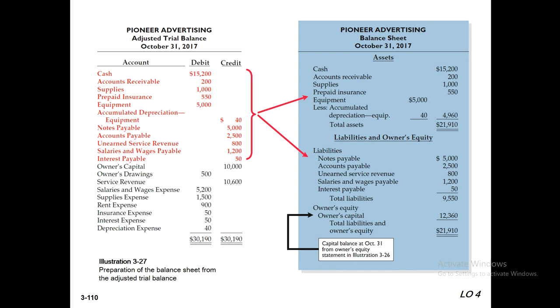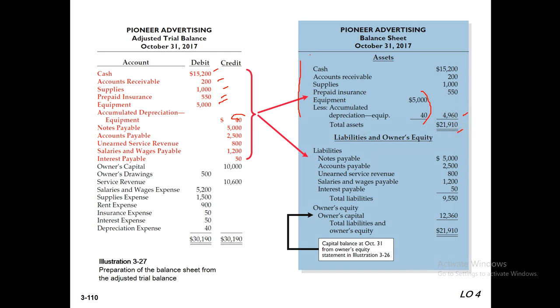Now from this adjusted trial balance, we are preparing the balance sheet. This is the asset side: cash, accounts receivable, supplies, prepaid insurance, and equipment. The accumulated depreciation of 40 will be subtracted from the equipment, and after subtraction we get this figure. So the total assets will be this figure, and this is the liability side.